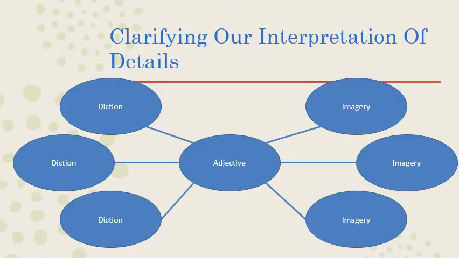So we're going to return to this web that we worked on with setting in the previous lessons, and we're just going to do the same thing. So I've thought about it a little bit, and I've said, well, what kind of character is Montag based on what I just read? And I think I'm going to start with this word sinister.